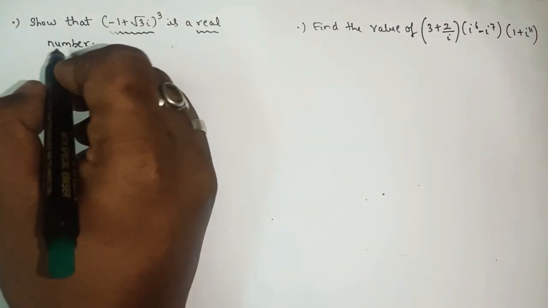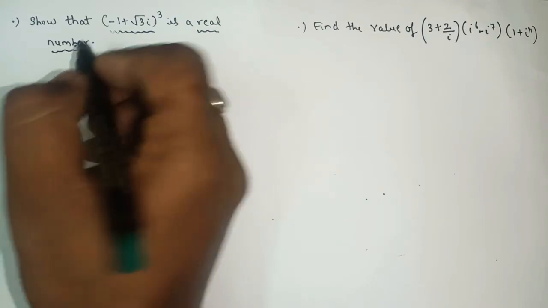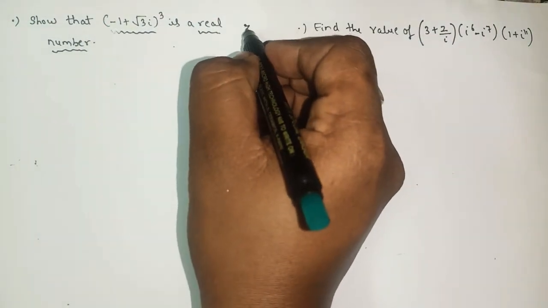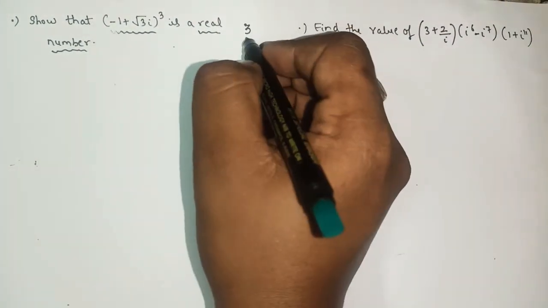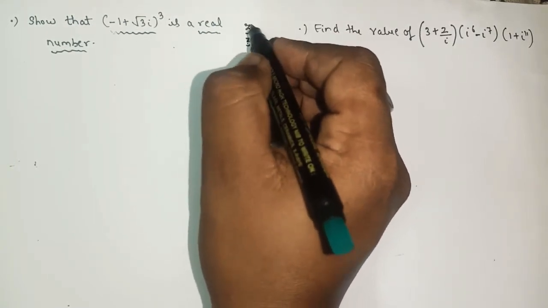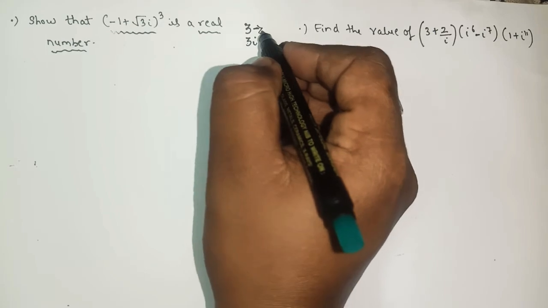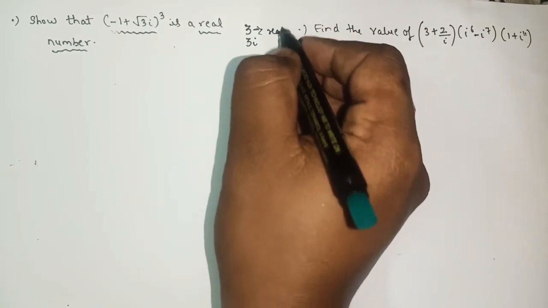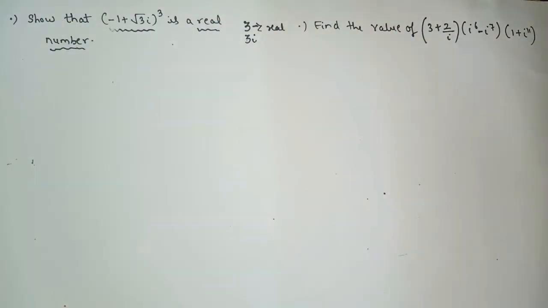A number without i is a real number, yes or no? If a number contains i it is an imaginary number. A number without i is known as what? A real number. So the final answer of this question should contain a number without i. If you are getting a number without i, we can say that it is a real number.